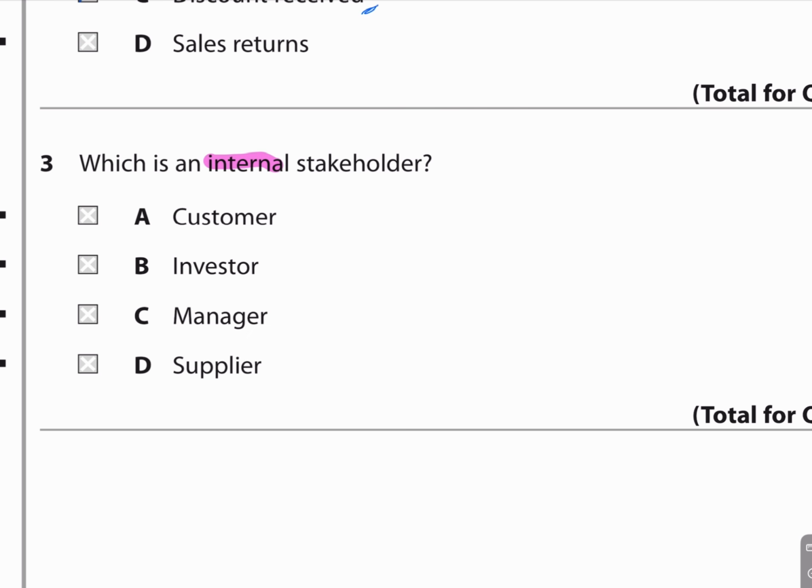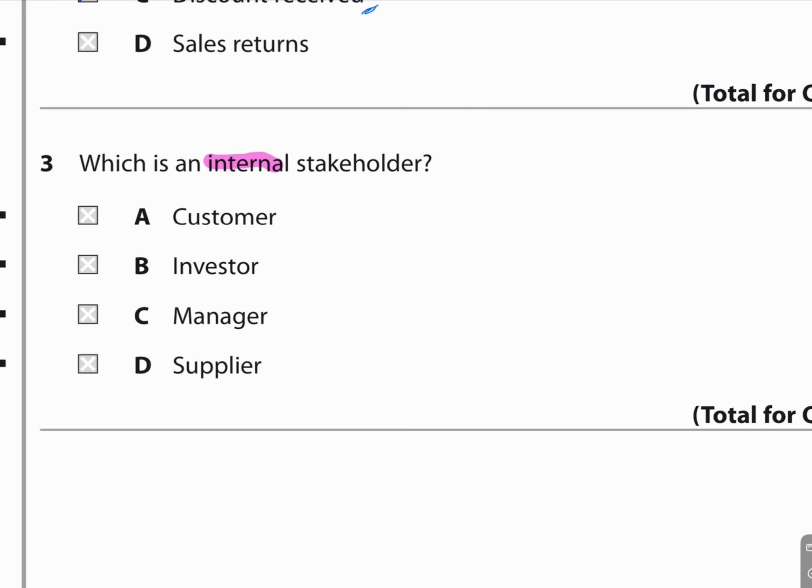Internal stakeholders are the ones who are interested but also part of the running of the business, who are involved in the day-to-day running of the business. External stakeholders are the ones who are interested in the business but they are not involved in the day-to-day running of the business, like not involved internally, right?